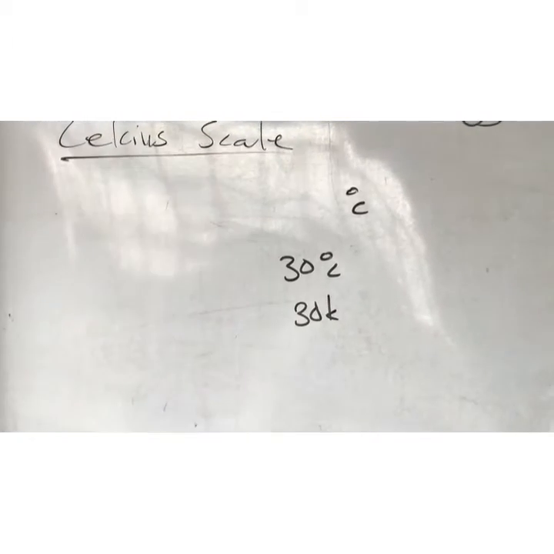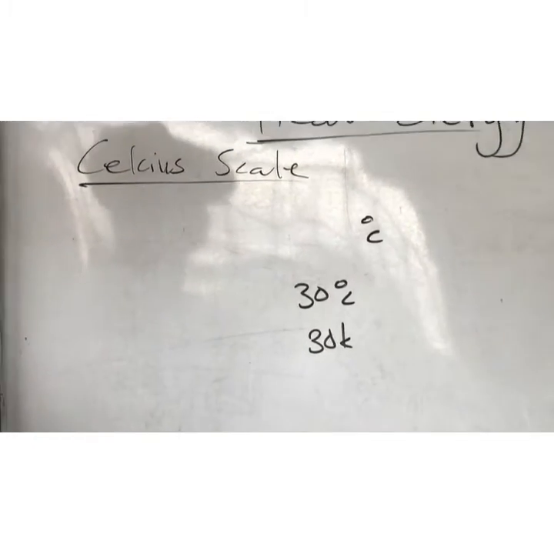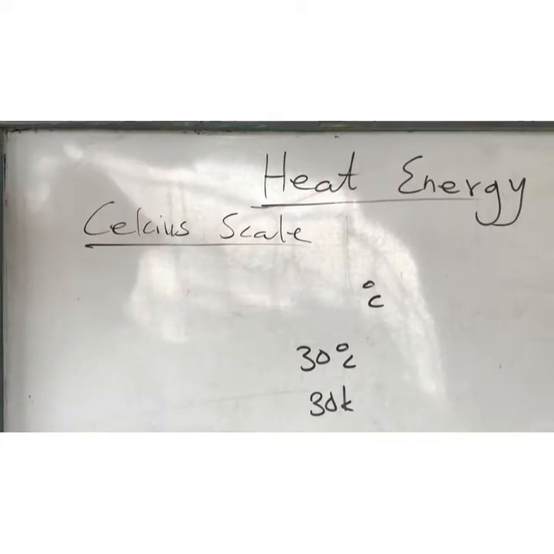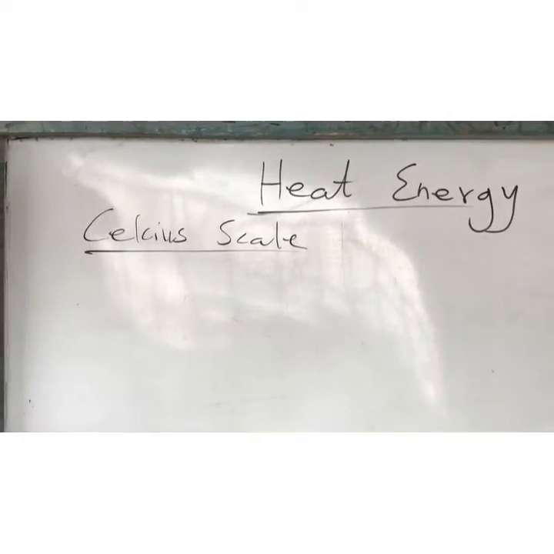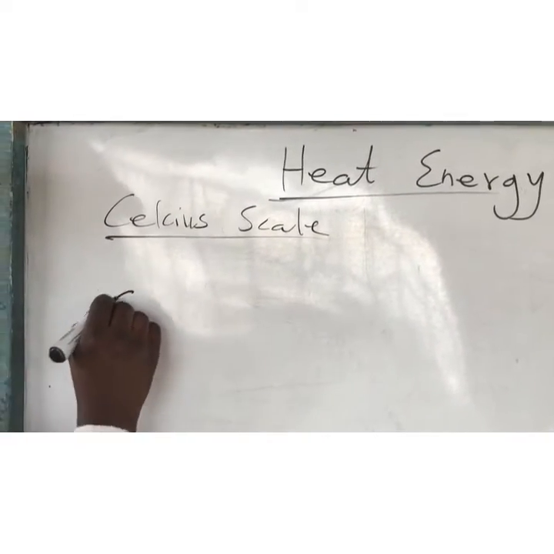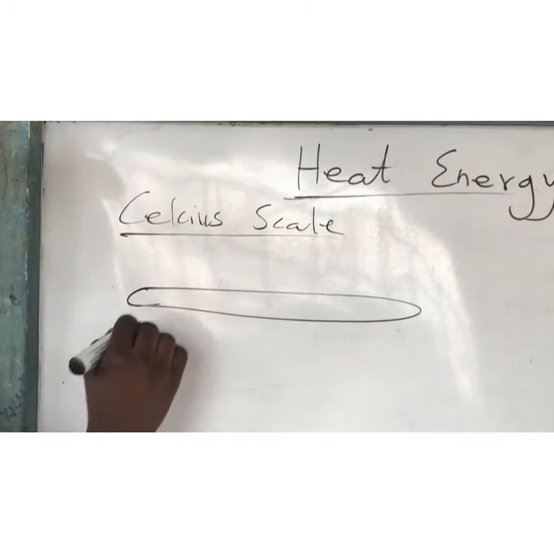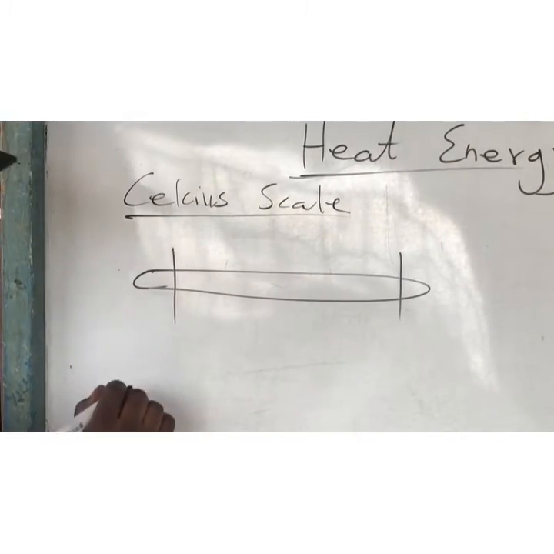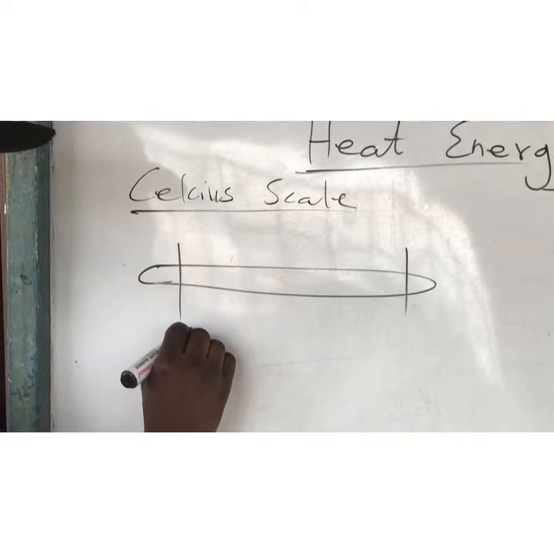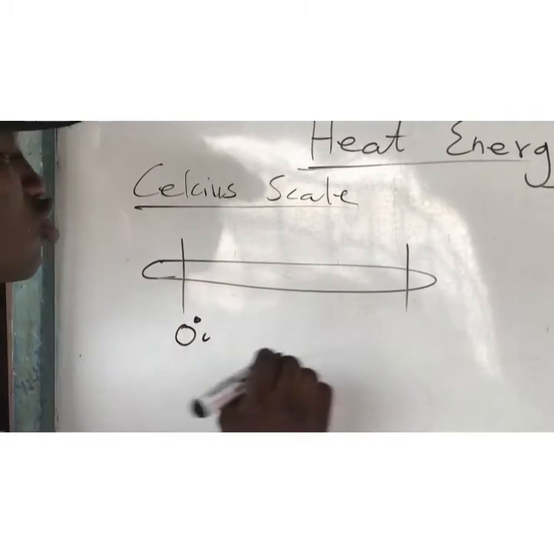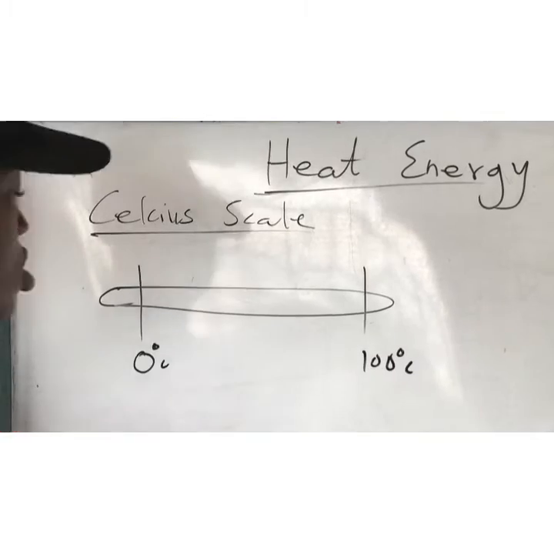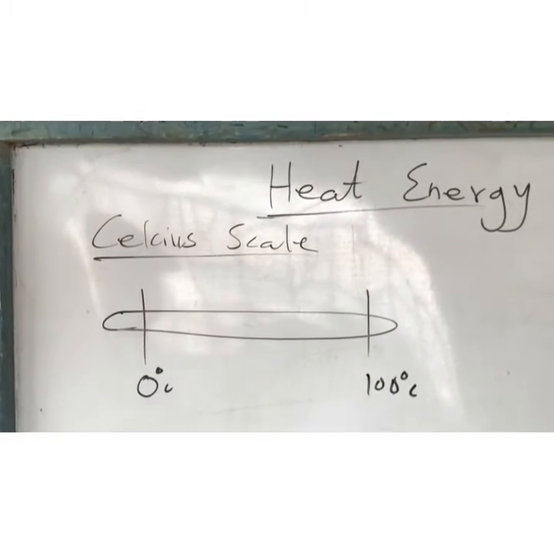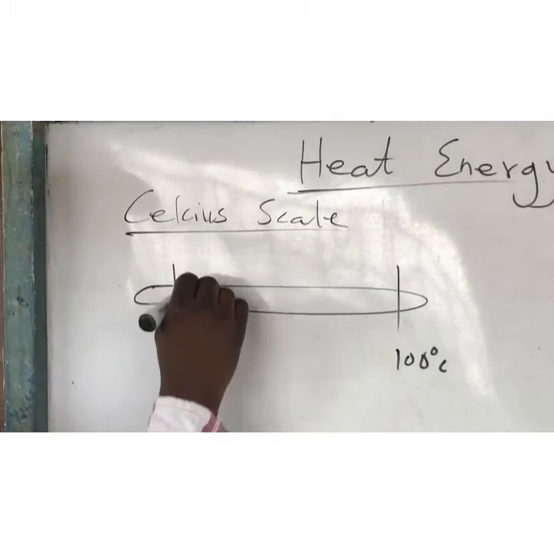Good. So looking at the Celsius scale, let's take a thermometer. Let's say this is my thermometer. Here I have 0 degrees Celsius and here 100 degrees Celsius. Now we have the parts of the thermometer. Here we have the calibrations.